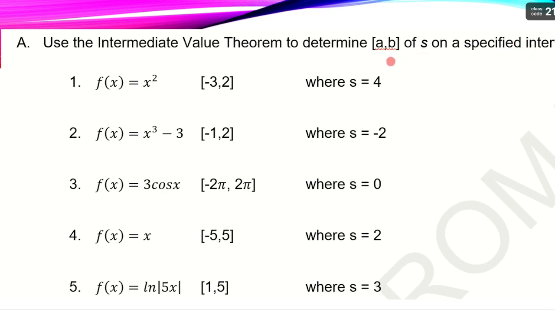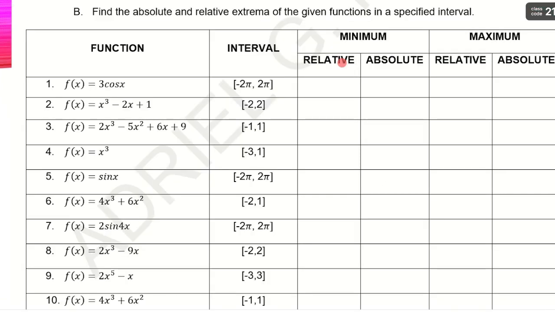So what is its interval? And then you will also find the absolute and relative extrema. The absolute if there is any, or relative if there is any, given the intervals. Okay? So that would be all and thank you.